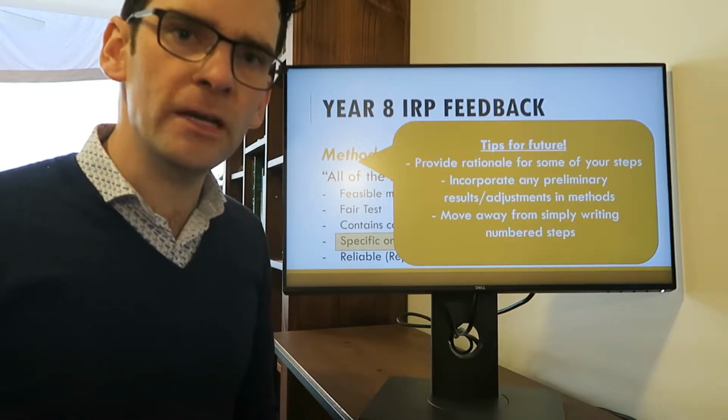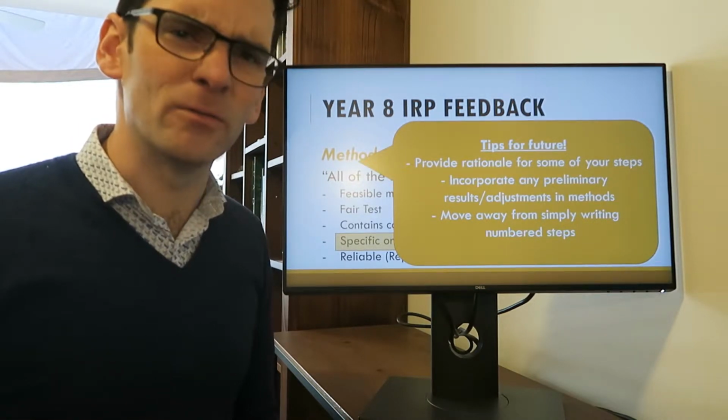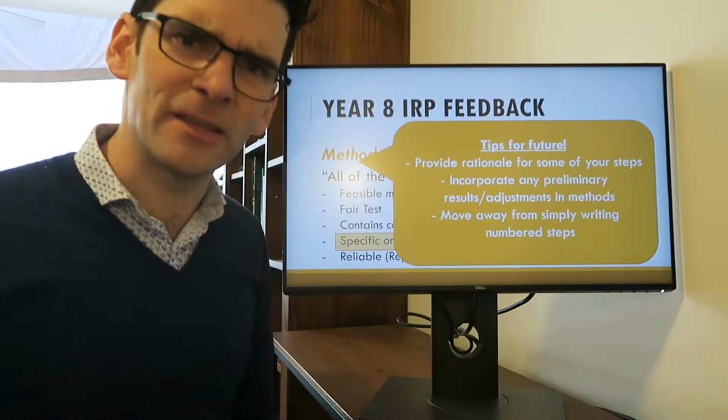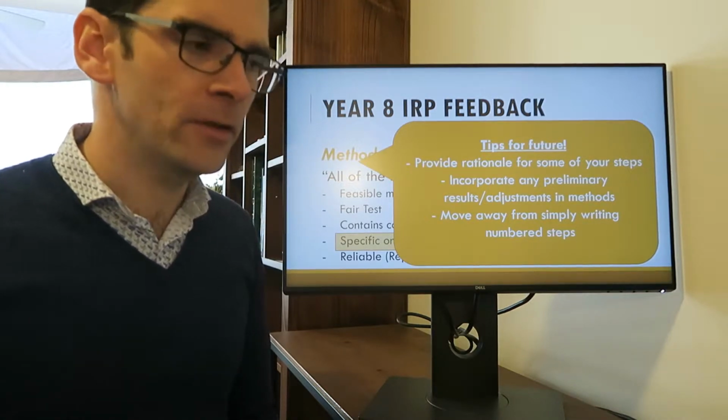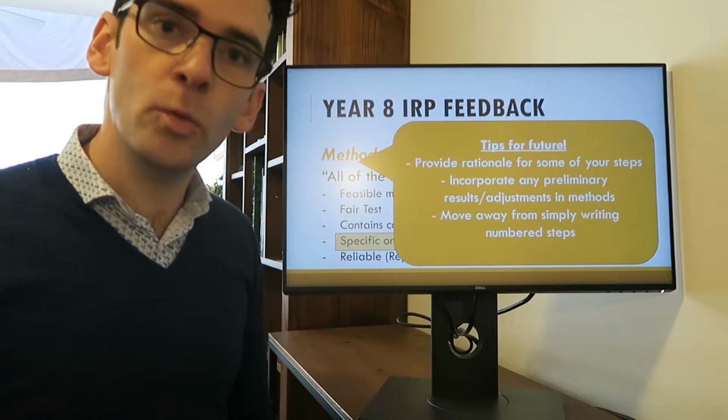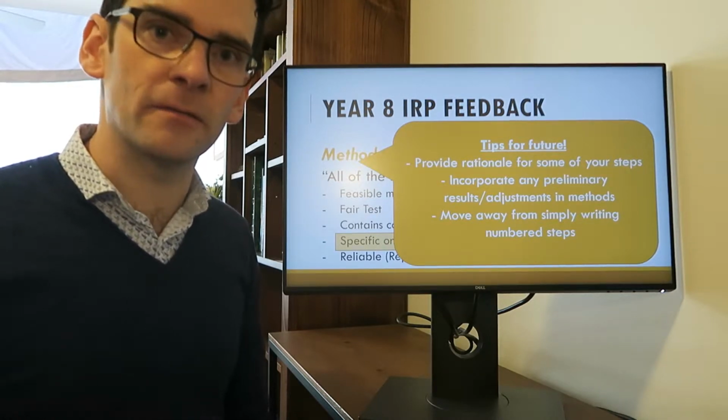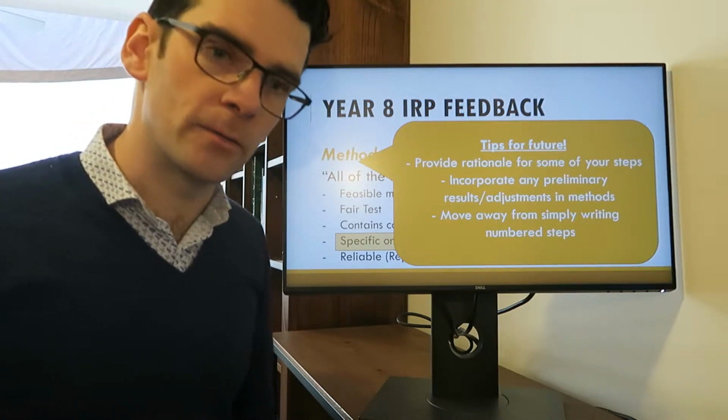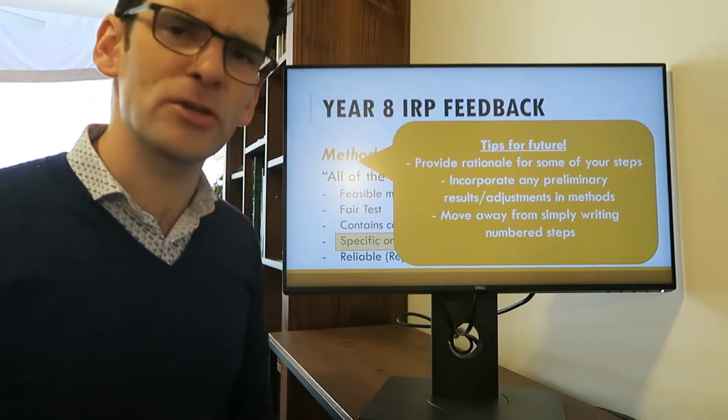But the person who's reading this report might not understand that, and they think, oh, cotton wool, that's a bit of a funny thing to grow seeds in. So you might want to have a sentence or two saying, we used cotton wool to standardize the effect of any potential nutrients found in soils, or something like that. Something short and sweet.